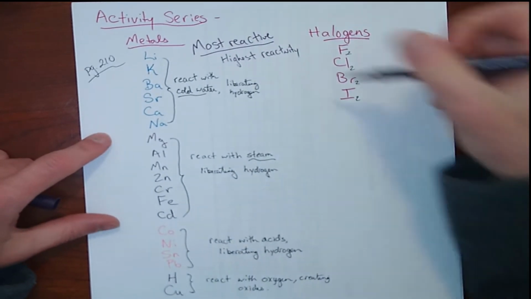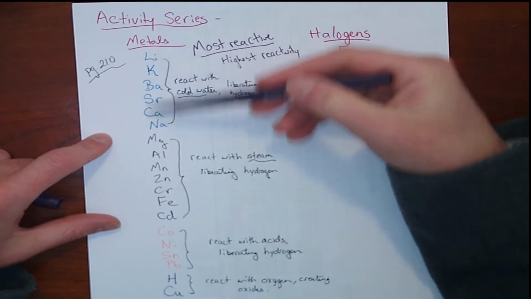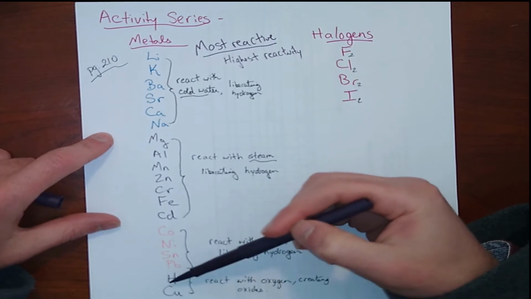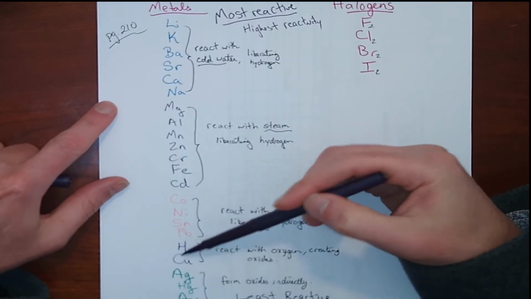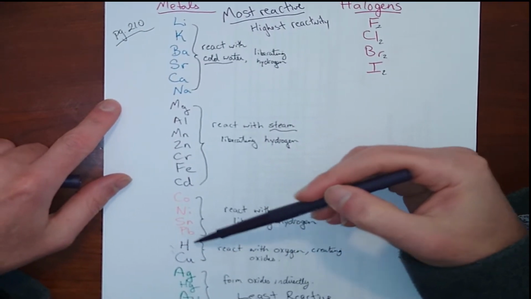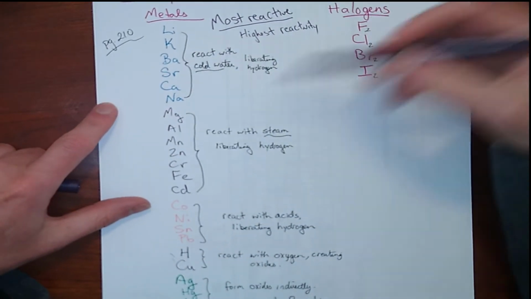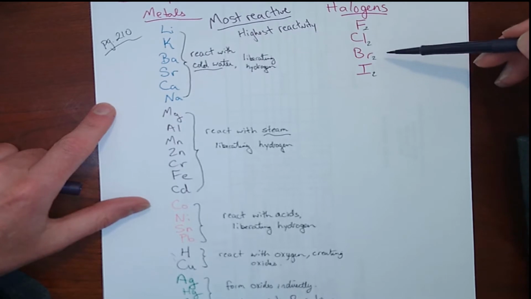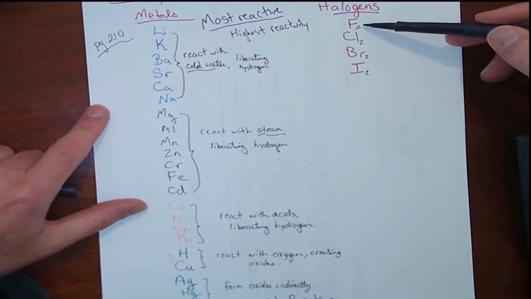And there are two separate series. There's one for the metals, as you can see here, and the metals also includes hydrogen. We've discussed before how hydrogen is actually a metal, technically speaking. So it's included in the activity series for the metals, and then the halogens for the halogens.